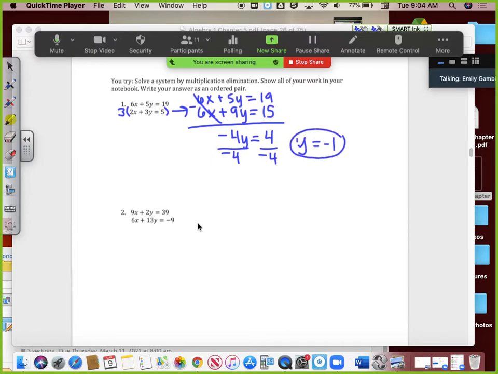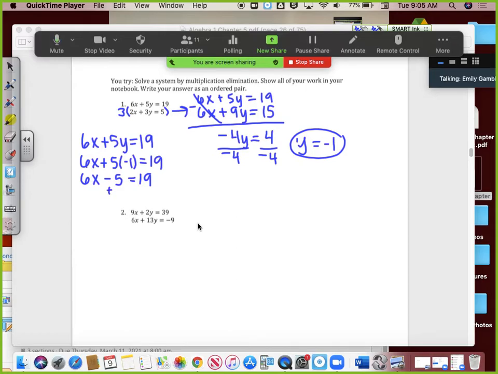I have half of my solution. Now I pick one of the original equations. I'll just use the first one, 6x plus 5y equals 19. I replace in a negative 1 for y, and then I will solve. 5 times negative 1 is negative 5.